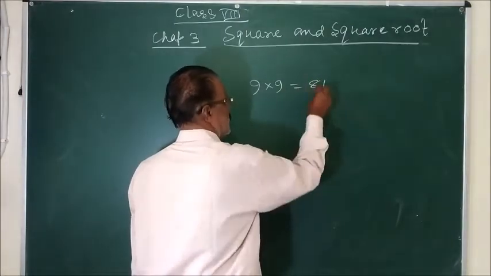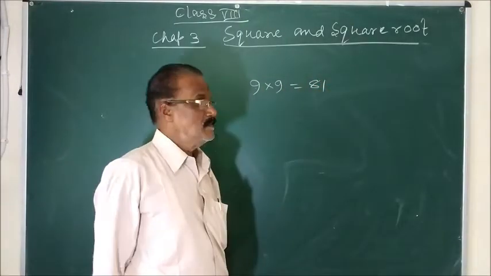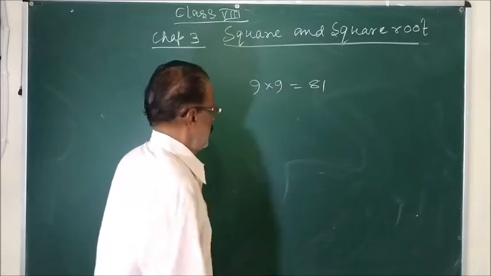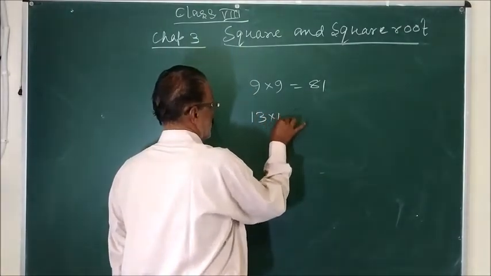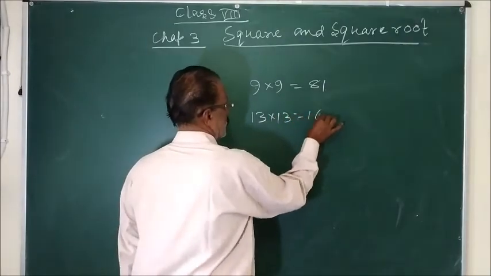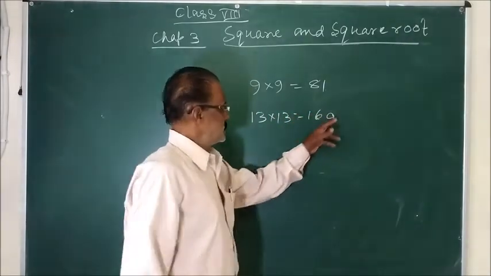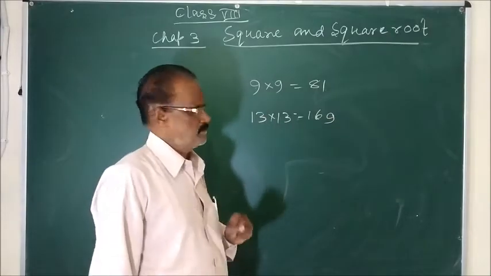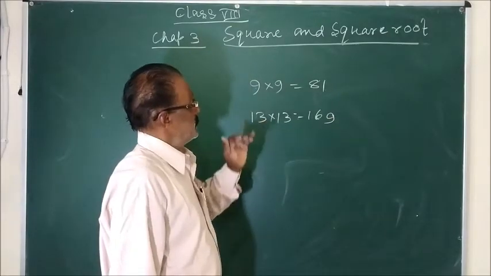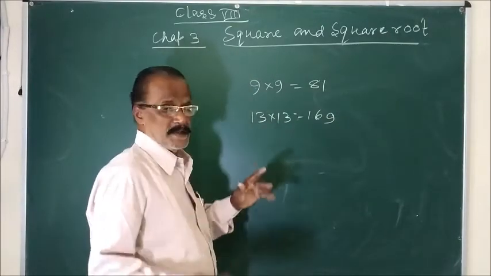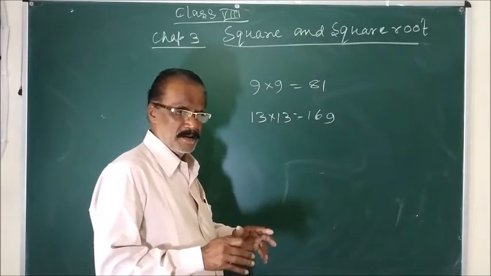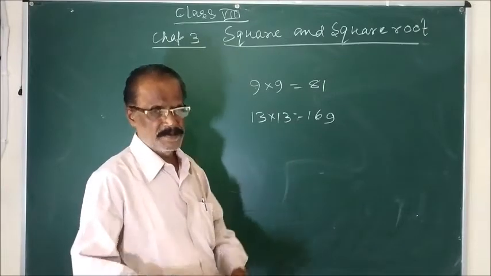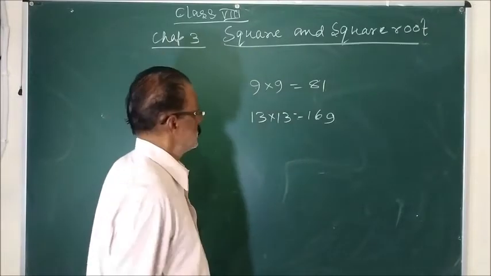What is 81? 81 is the square of 9. Similarly, 13, if you multiply 13 into 13, you will get 169. 169 is the square of 13. So very, very simple. What is the square? The product of a number by itself is called the square of the number.